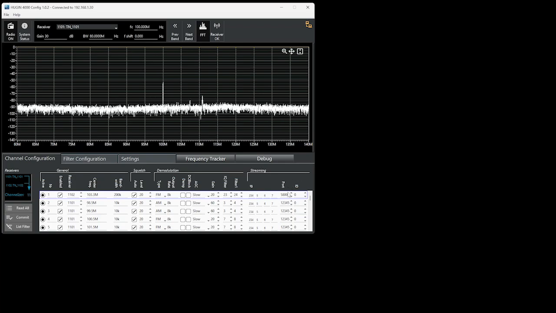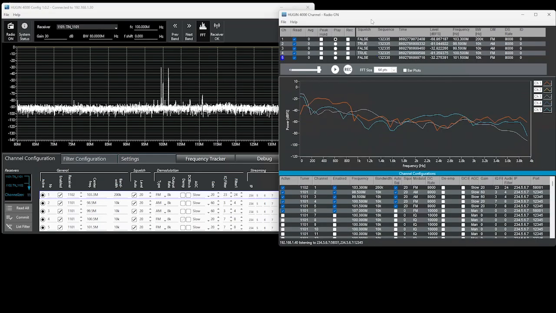Here we've got different ports for our externally measured signal and for our test transmission that we're making. We can then hop over and take a look at the HUGIN 4000 channel.